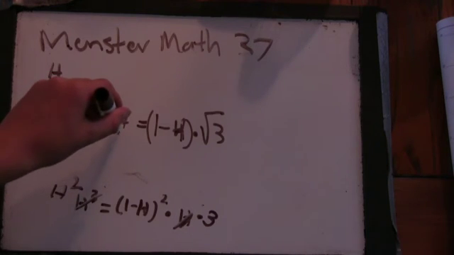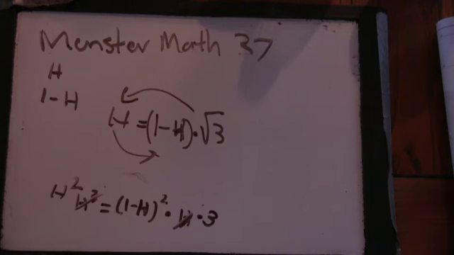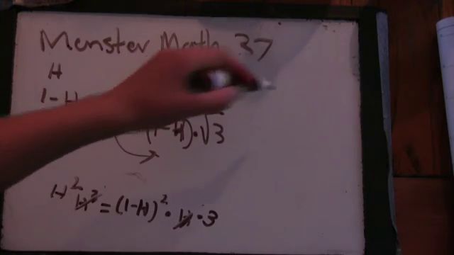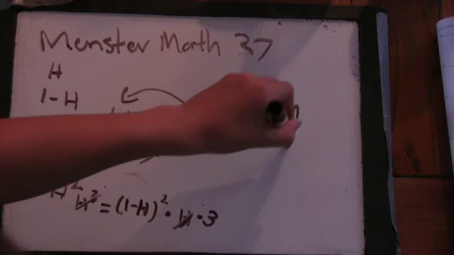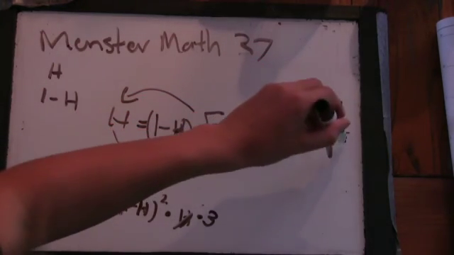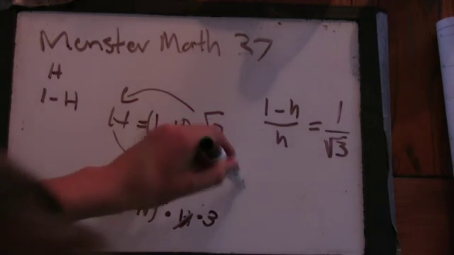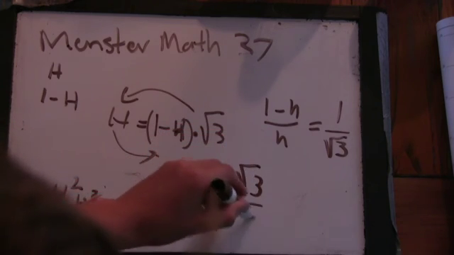We could bring this down and bring that to the other side. So we get (1 minus h) over h equals 1 over root 3. So that's root 3 over 3.